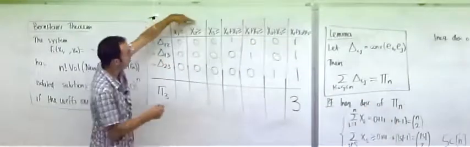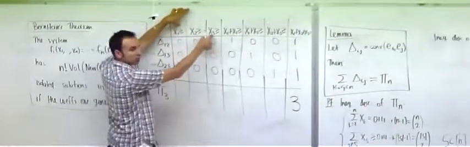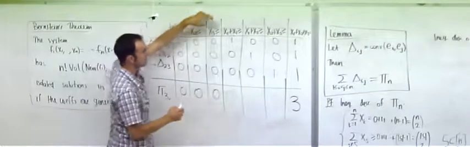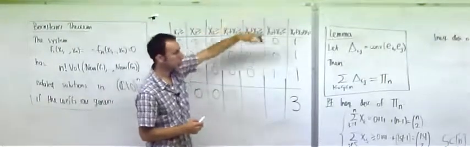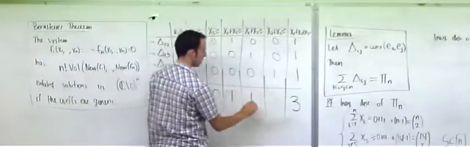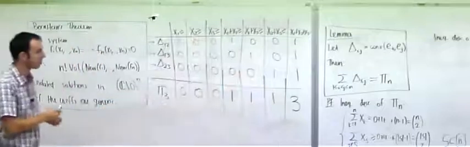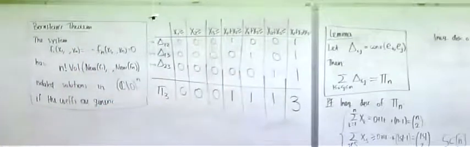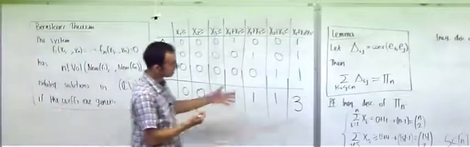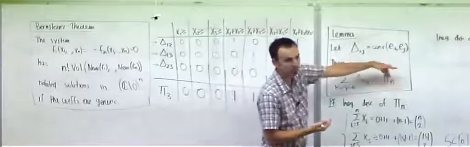So here I have only one variable, so I get 1 choose 2, which is 0, 0, and 0. And for these guys, I get 2 choose 2, which is 1, 1, 1. Okay? And so hopefully you see what I'm trying to get at, that I'm trying to prove that the sum of these polytopes is equal to pi n.